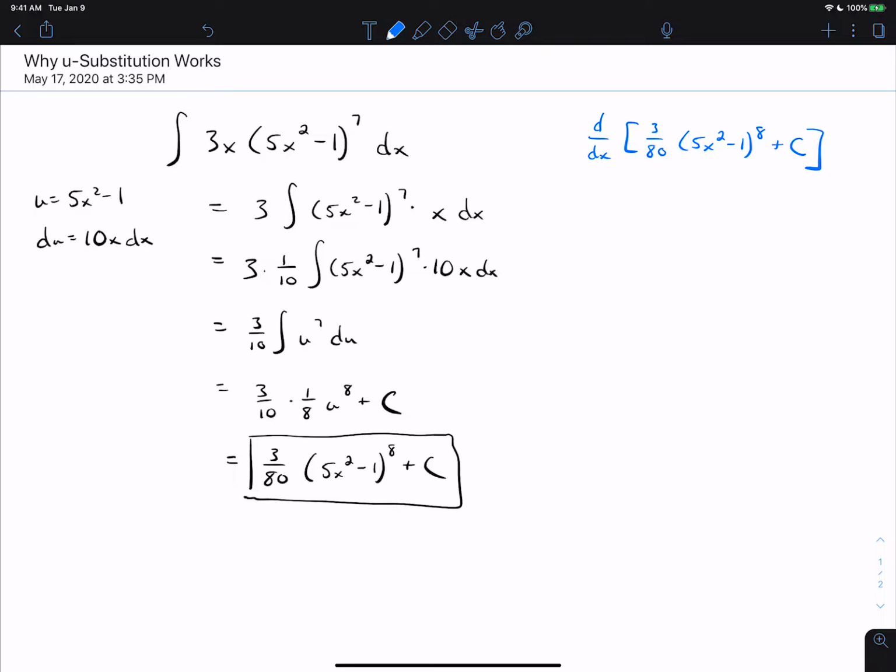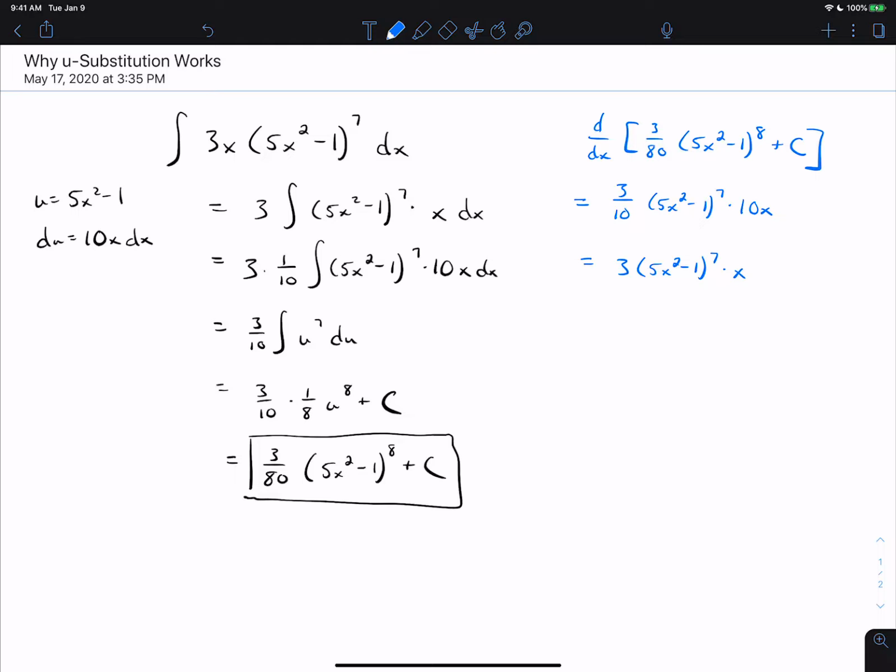And so we get 3/10, because the 8 cancels with the 80, times 5x squared minus 1 to the 7th, and then times 10x because of the chain rule, and then plus 0 because the derivative of a constant is 0. Then we want to simplify it, and the quick simplification we can make is we can cancel the 10s.